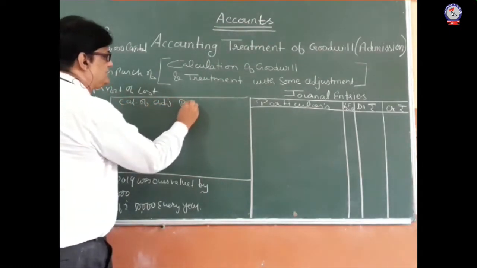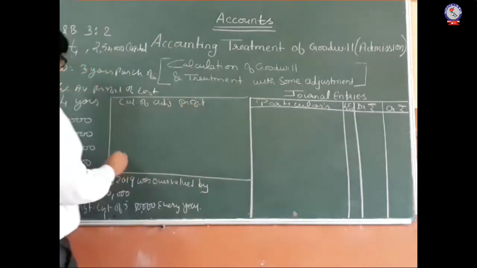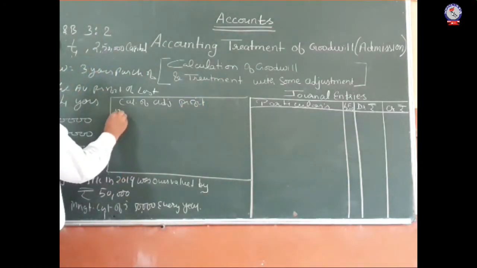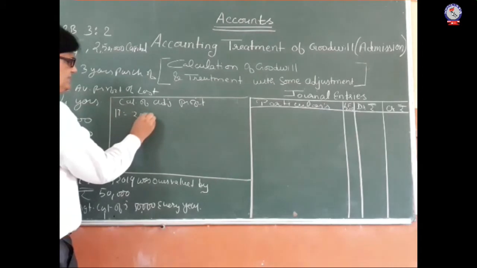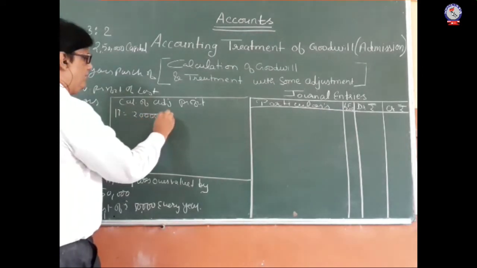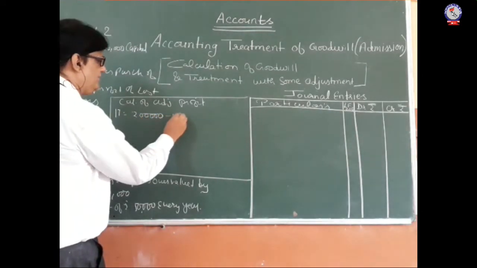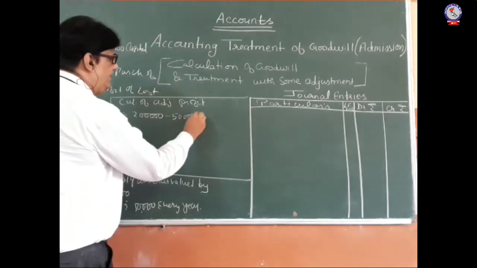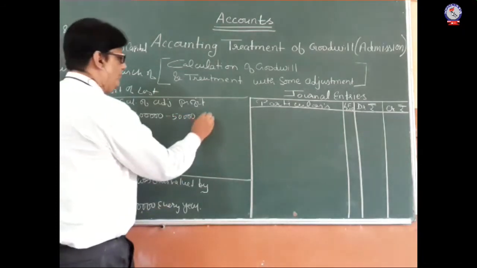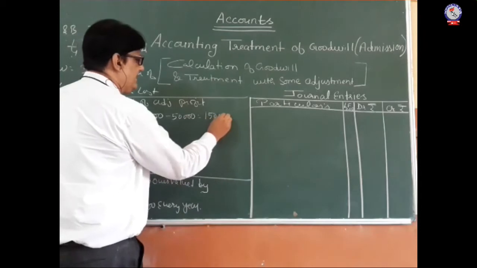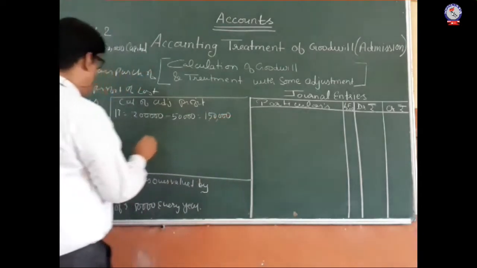Profit for 2017 is 2 lakh rupees, minus management cost 50,000, so this becomes 1,50,000 as the adjusted profit.